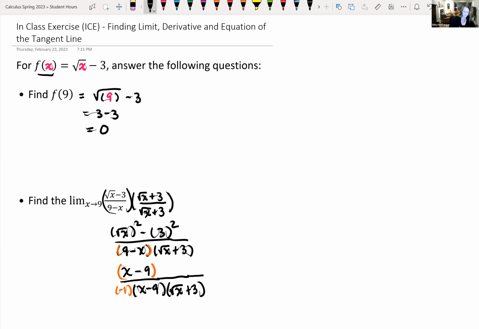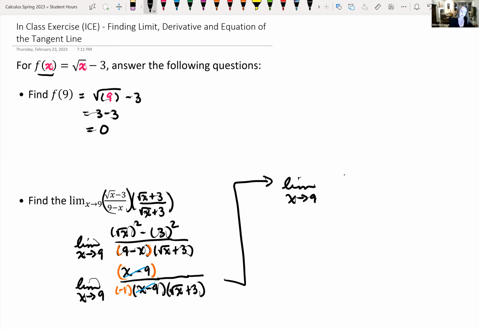I should be bringing down this limit until I go in and plug in 9 wherever I see the x. So canceling like factors, we're almost there. We're going to take the limit as x approaches 9.